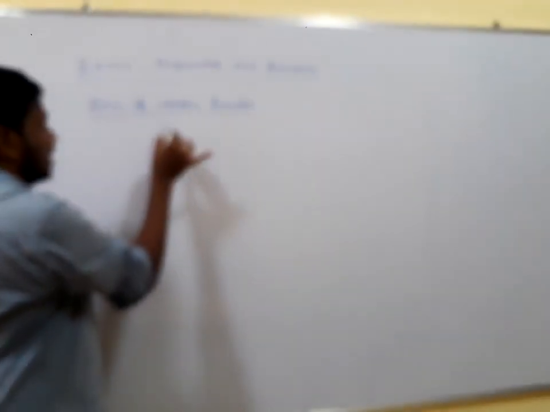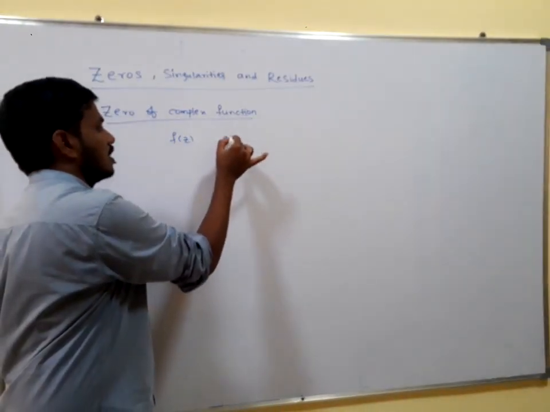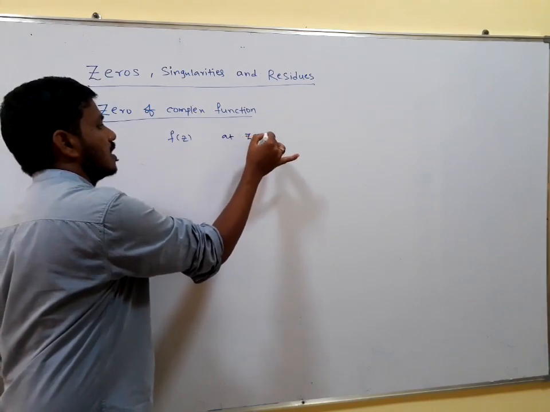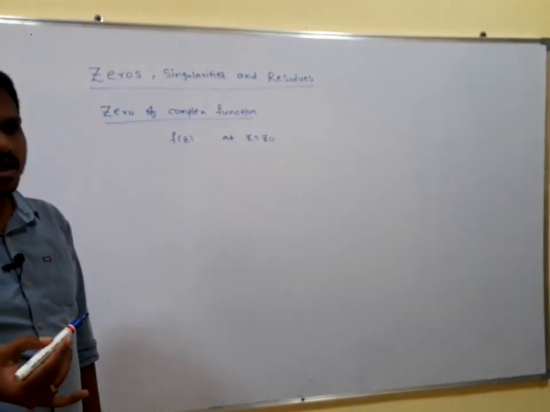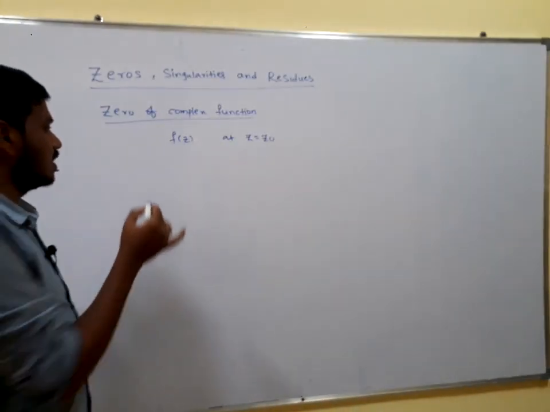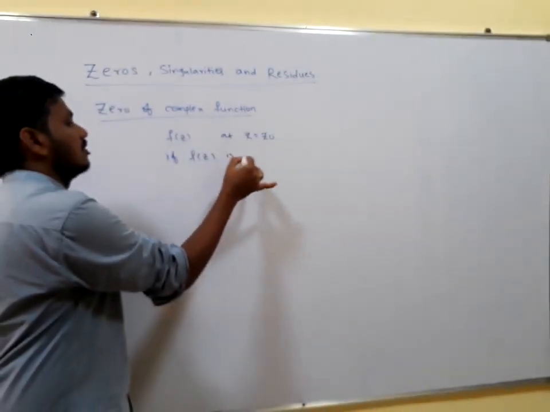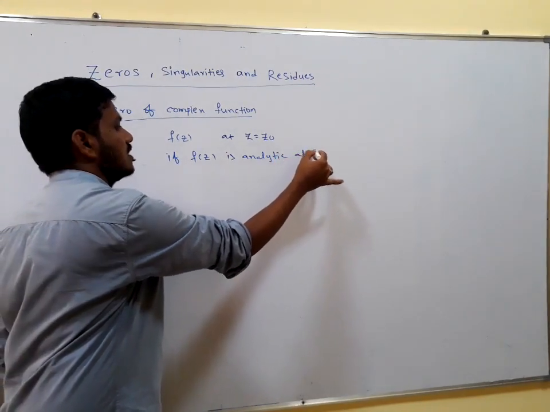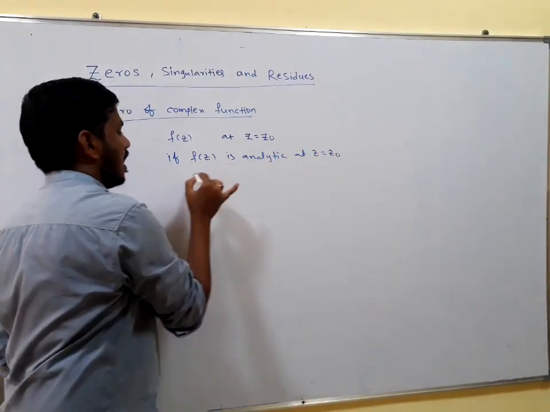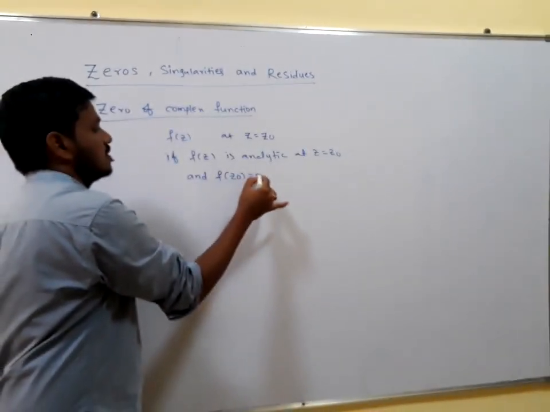Let f of z be a complex function and the point z equals z naught. The point z equals z naught is said to be a zero of the function f of z if f of z is analytic at z equals z naught and f of z naught is equal to 0.